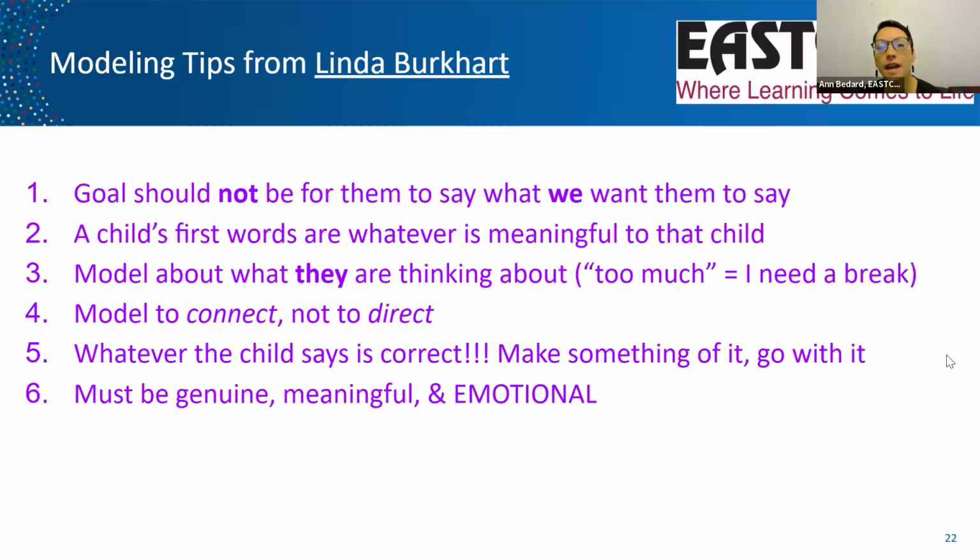Getting back to some tips from Linda Burkhart about what to do when you're modeling during trials: the goal should not be for them to say what we want them to say. Right from the beginning, I wanted him to say, I want a donut, and he just would rather talk about something else. So it really needs to follow their agenda. It needs to be child-centered, not adult-directed.